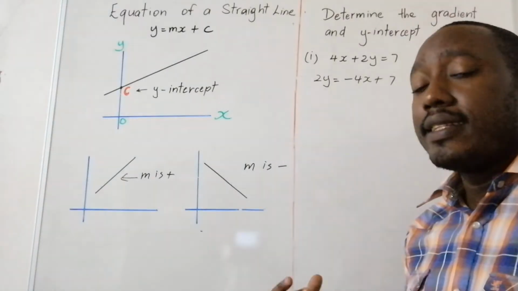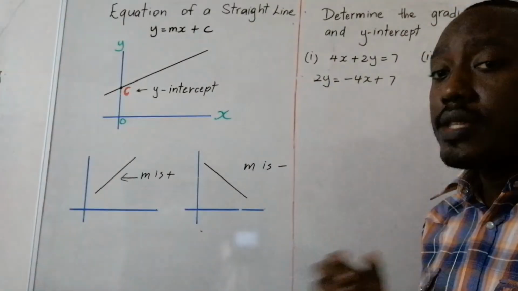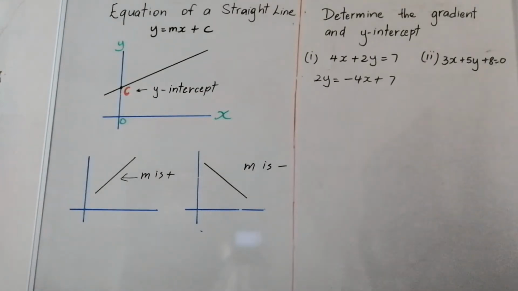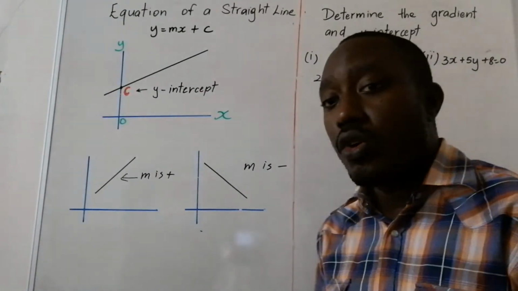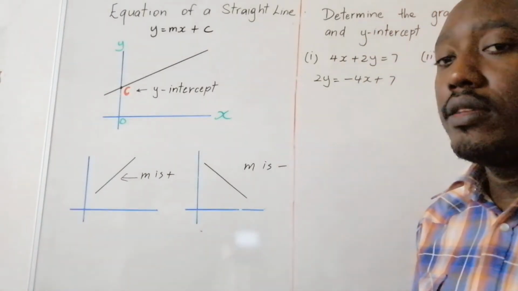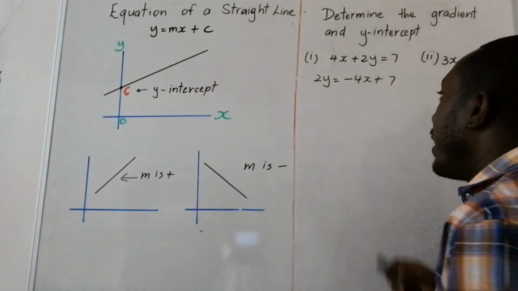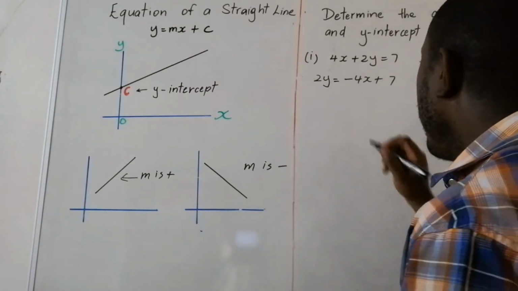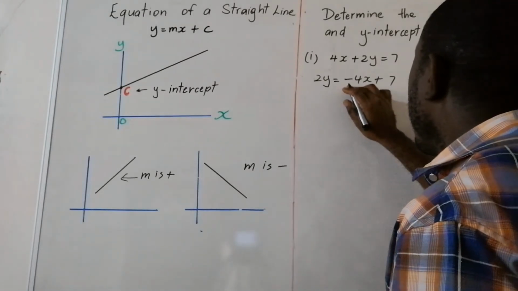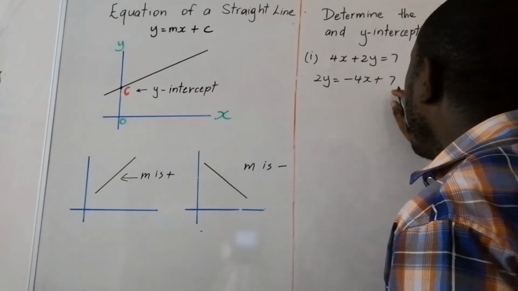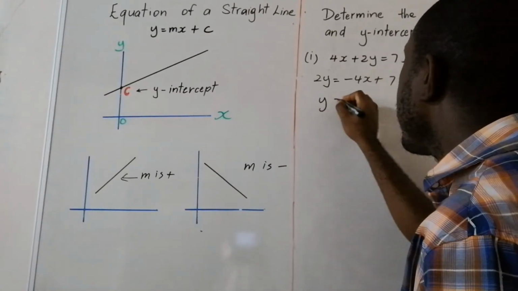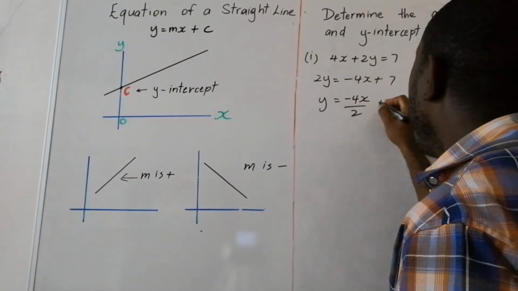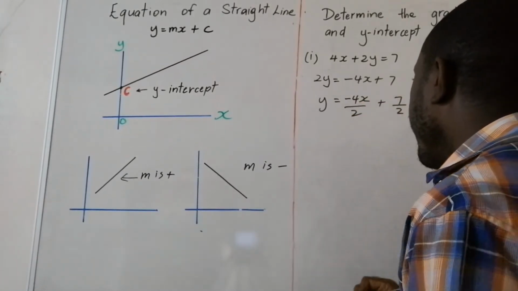So we need to take the 2 over. Because we're just taking the 2 over, the 2 is multiplying. When it goes over, it will divide. So since it's 2y, when it goes over, it divides everything. The 2 divides every value over here. So y is equal to negative 4x over 2 plus 7 over 2.